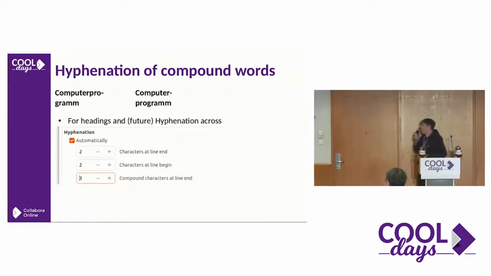Hyphenation of compound words is supported by the Hungarian foundation fsf.hu, and it's very interesting not only for the Hungarian language, but I hope for German and German-like languages too. So in titles, it's a very bad solution to disable hyphenation because of the long words, thanks to the examples of Richard, because you can see a very long German word there, but these long words are very common in these languages with the same orthography.